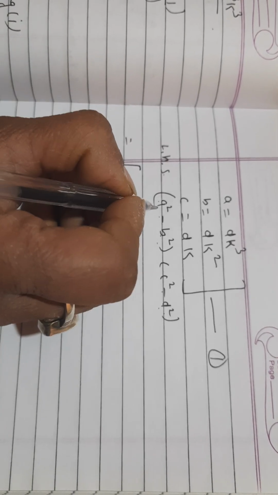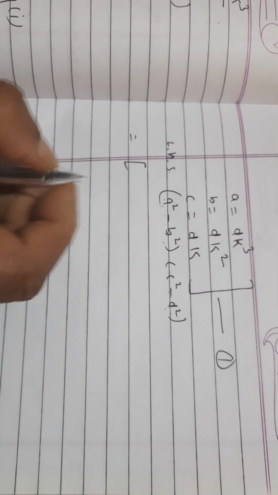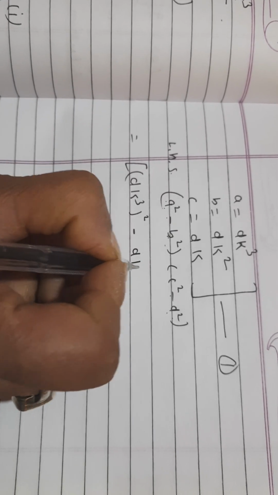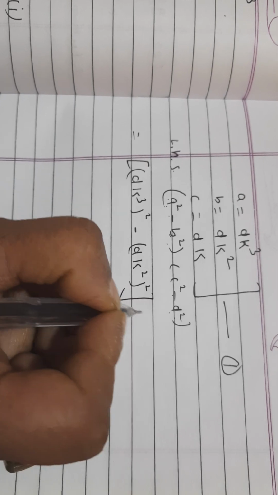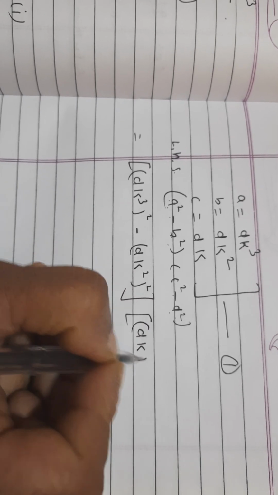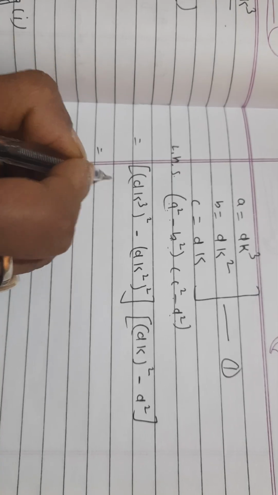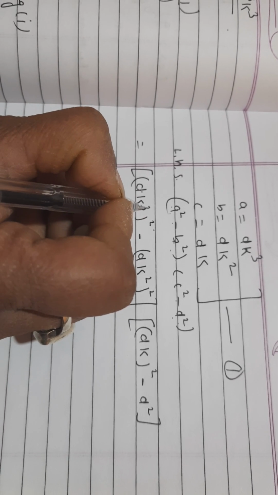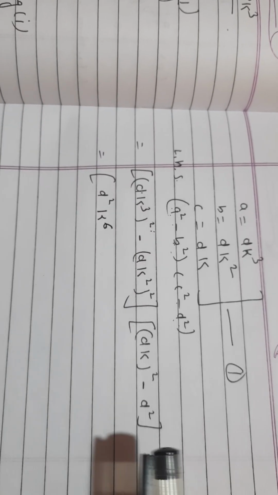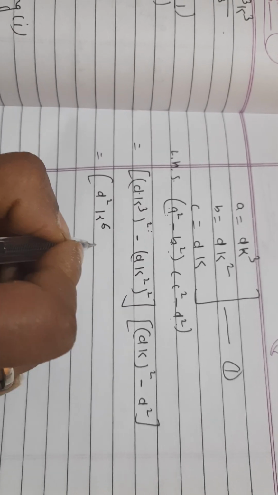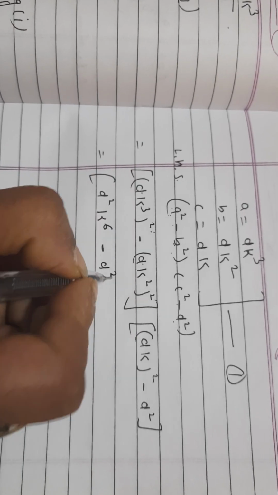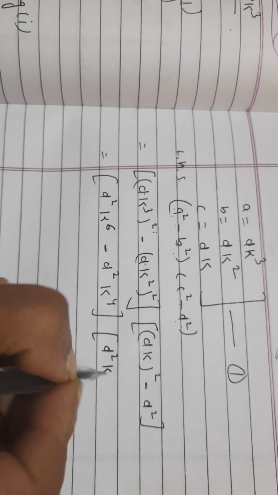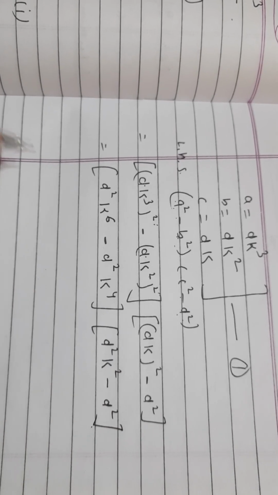Now I am replacing a, b and c by these values: (dk³)² − (dk²)², and (dk)² − d². Now d² into k to the power 6, minus d² k to the power 4, and d²k² − d².